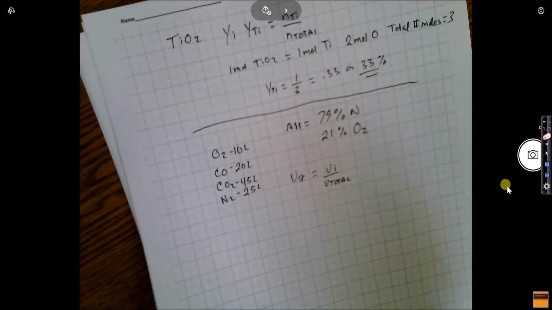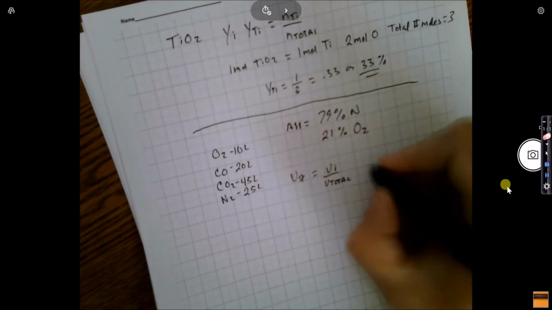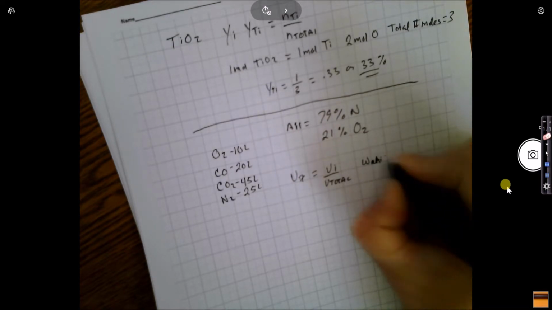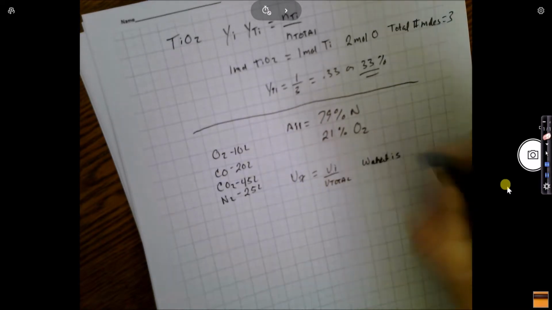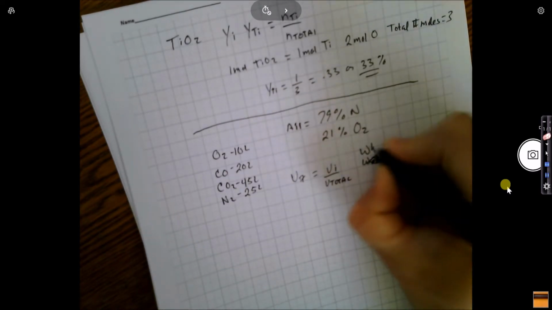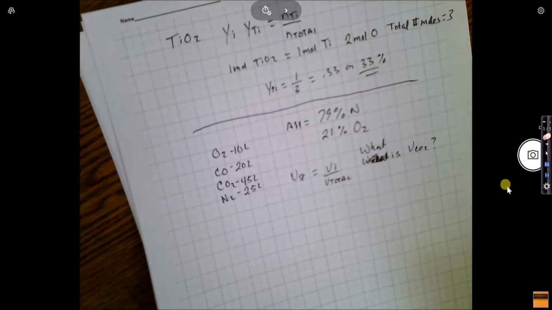So let's say we want to know what the volume fraction of carbon dioxide is in this. So what is VCO2? All right, so VCO2.